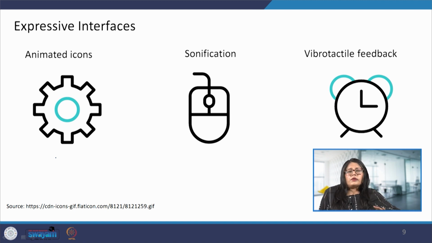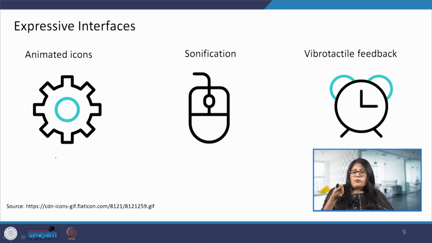Now, these are static, but there are animated icons wherein the wheel, for example, will turn, or sonification where there is feedback in terms of sound. So, when you click, there will be maybe a sound of a click, and also vibro-tactile feedback.